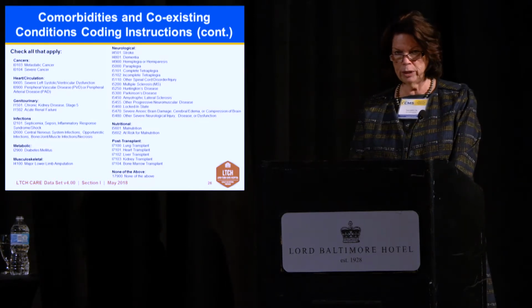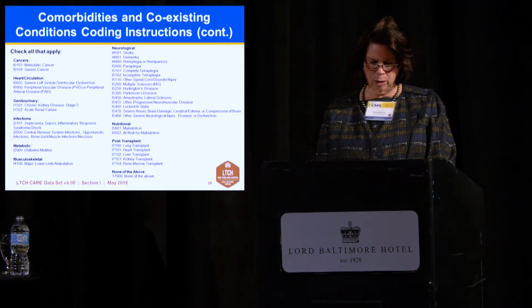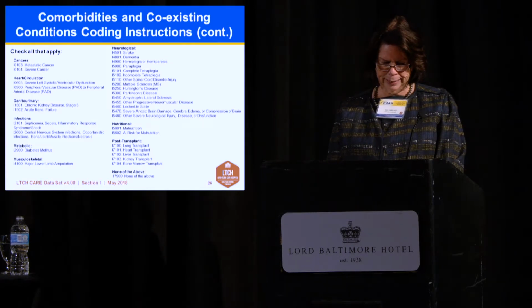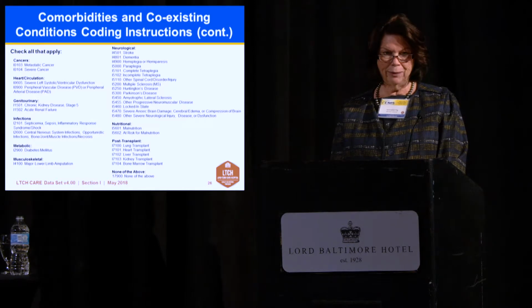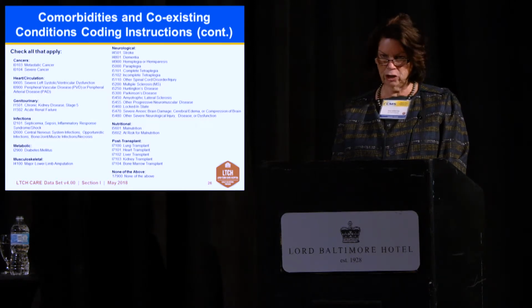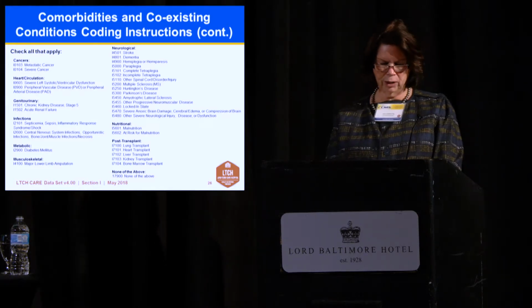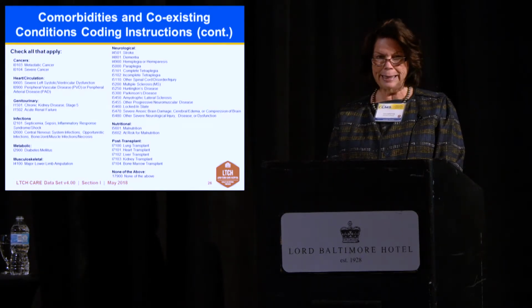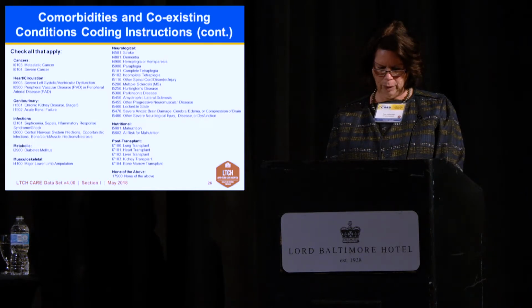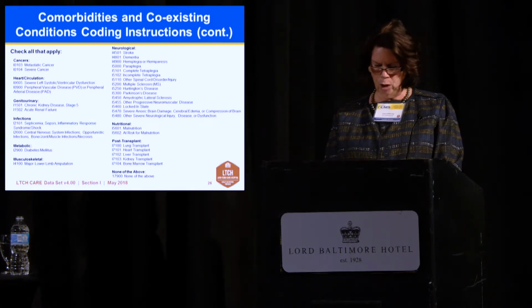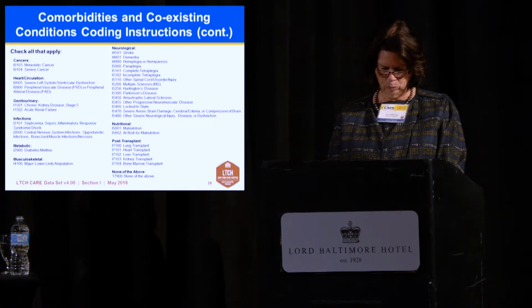Important to understand about this coexisting condition is that the severe left systolic ventricular dysfunction is defined by the patient's ejection fraction. So you would code this item if the patient's ejection fraction is less than or equal to 30%.